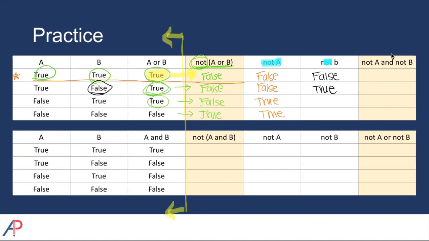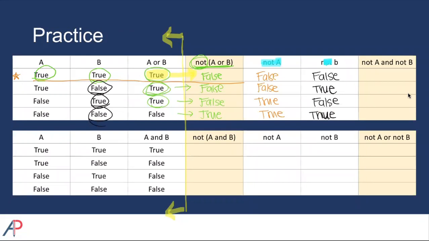And then my next one, where B is true again. So what would not B be? Very good, this one is false. And finally, I have B is false. What would not B be? Very good, this one is true.